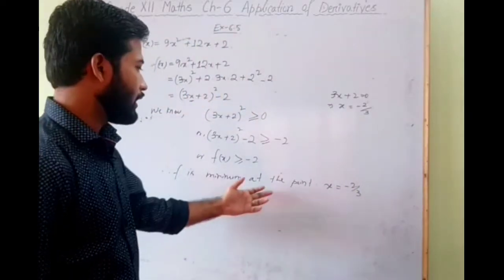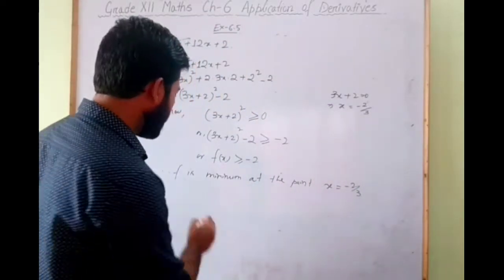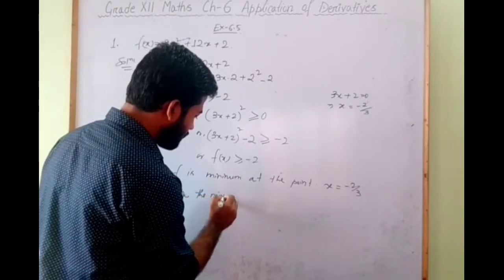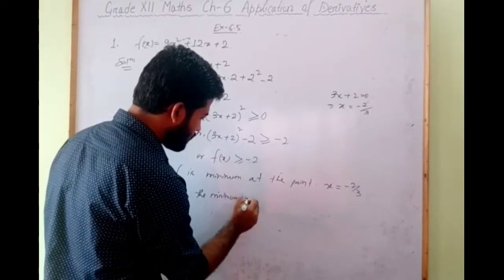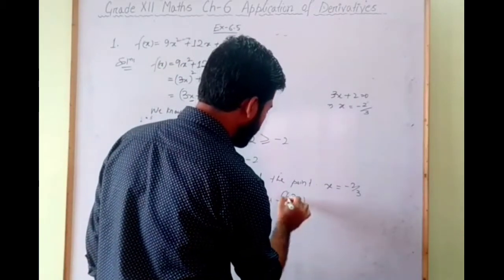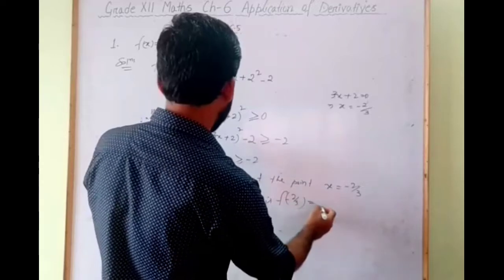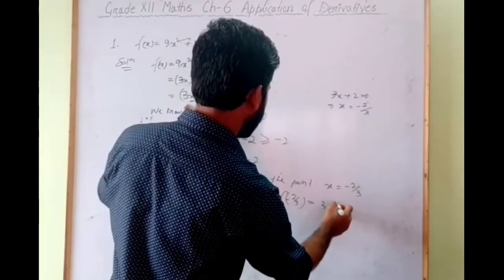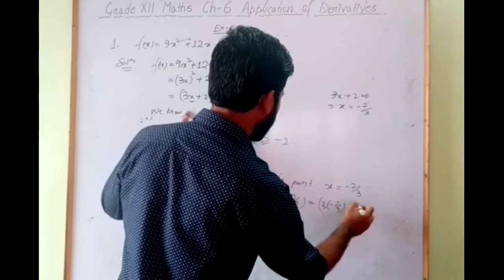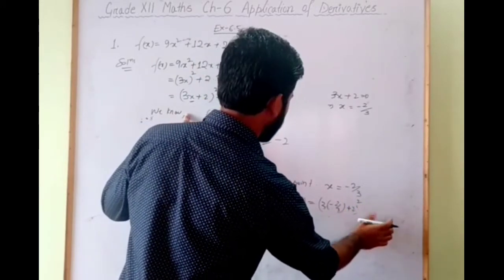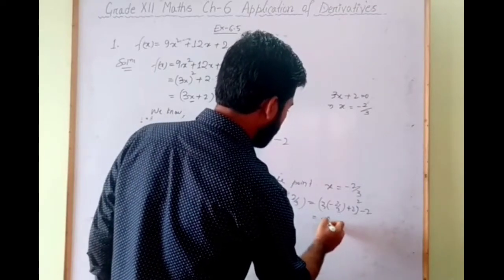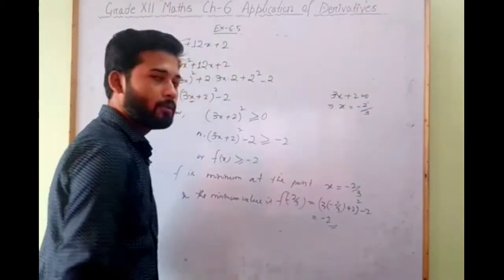So f is minimum at the point x equal to minus 2 by 3, and the minimum value is f of minus 2 by 3, and that is what? For minus 2 by 3 it will be (3 into minus 2 by 3 plus 2) whole square minus 2, and that will be equal to minus 2. So we have got the minimum value.